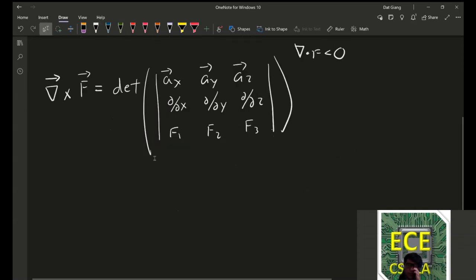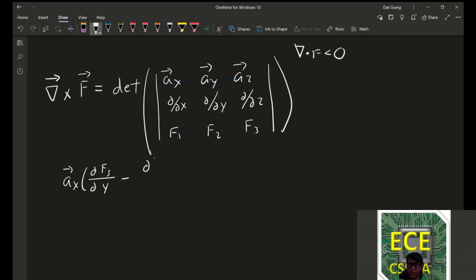Now, there are a few ways to go about calculating the determinant very quickly, but the most conventional way is just crossing out the row and column and taking the determinant of a lower order matrix or a subdeterminant. So in this case, we have in the direction of x, ax, which is given by the partial of f3 with respect to y minus the partial of f2 with respect to z.